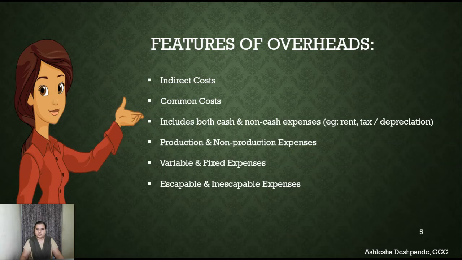Then, production and non-production expenses. Meaning is hidden in the names itself. Then variable and fixed expenses, depending upon the behavior of those expenses in relation to the activity level or volume of output. And escapable and inescapable expenses, commonly known as avoidable and unavoidable expenses. Under this umbrella concept of overheads, all these kinds of expenses can be included.